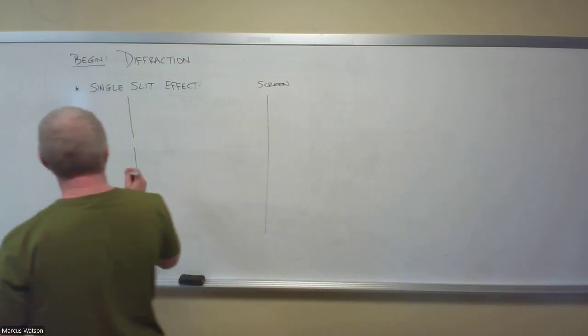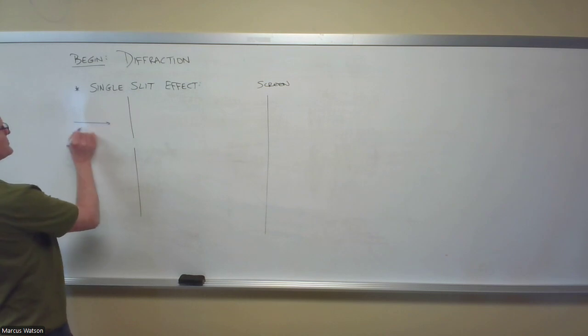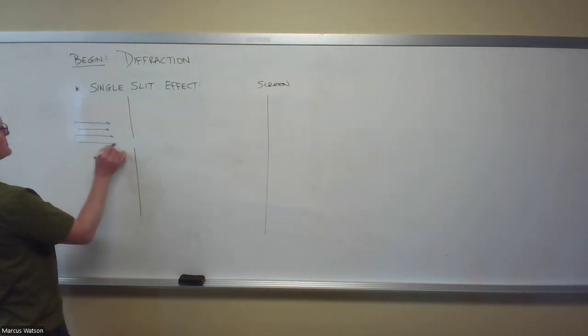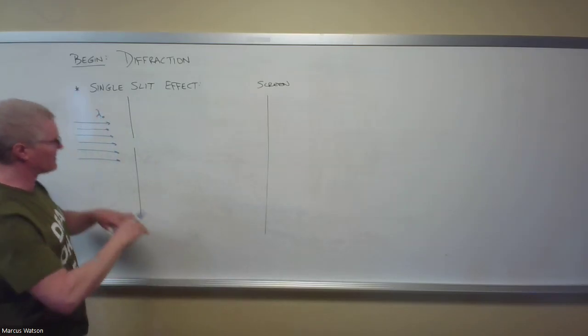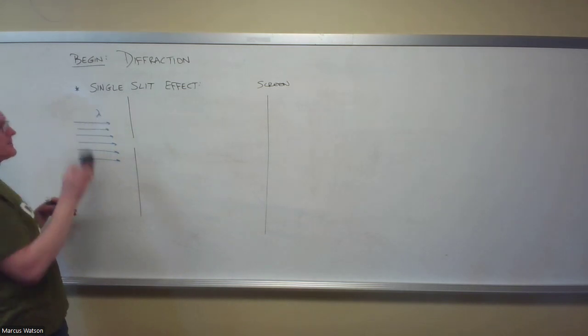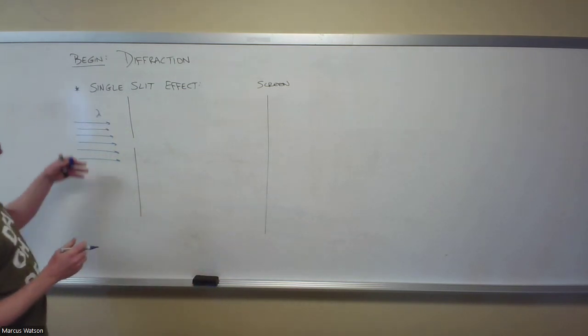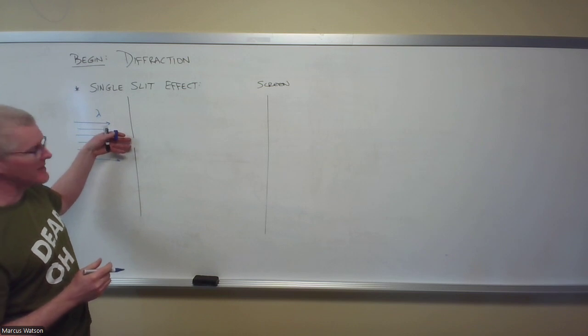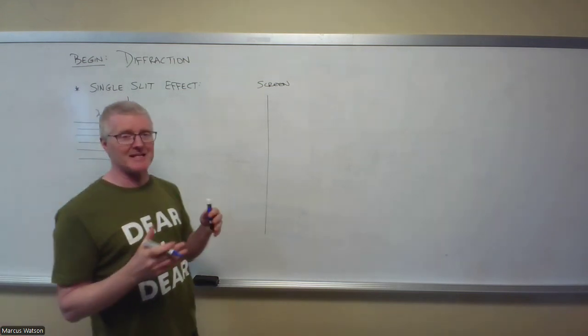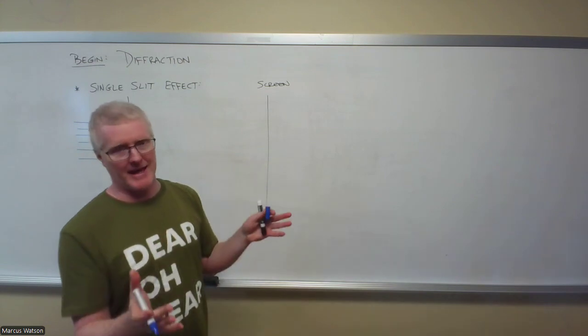Right, we've got some incoming lambda here. It's going to reach here, and then what's going to happen is the narrower the slit is, the more spreading out we're going to get.